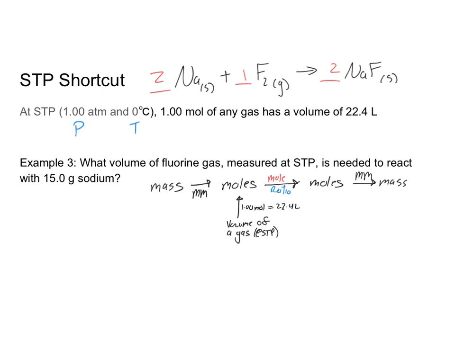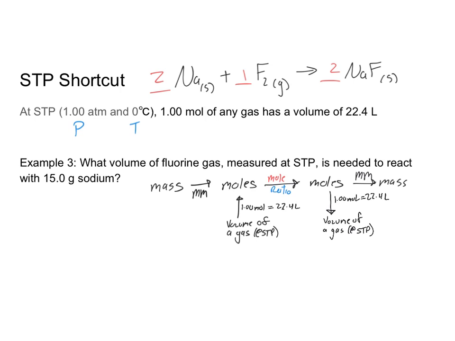And then I can also do the same thing over here. I can come off of moles and determine the volume of something that's a gas at STP, as long as, again, we are at standard temperature and pressure conditions, and we realize that 1 mole is equal to 22.4 liters. So I'm going to show you how that works.